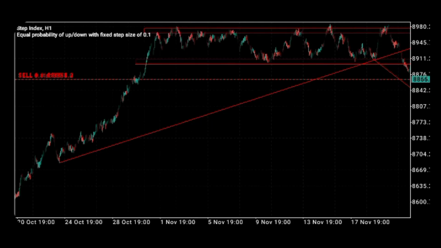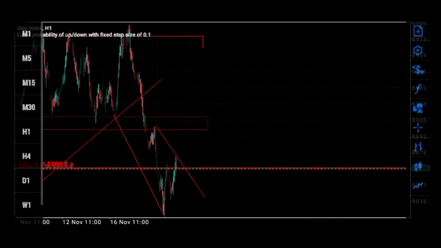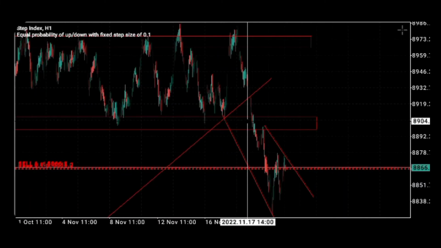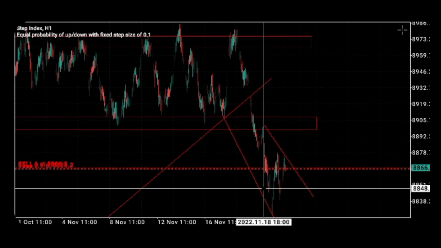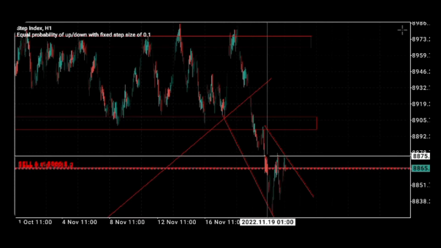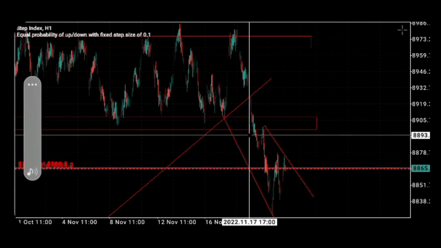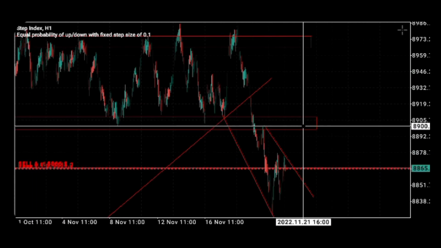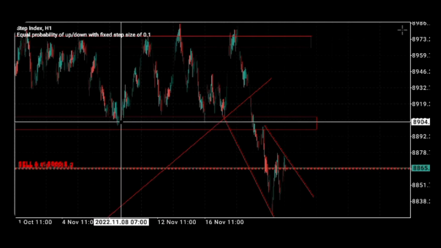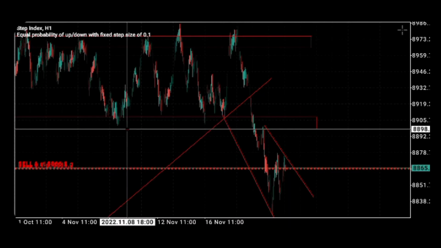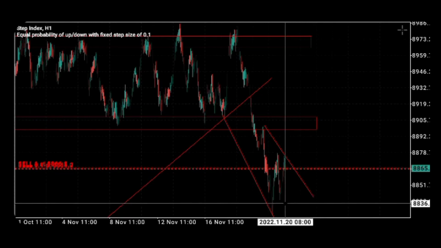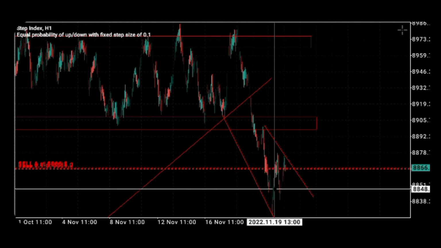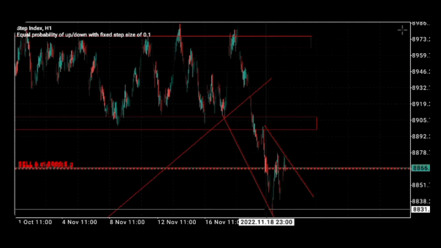Before this downtrend formed, there was this support right here. This is the support that I had to show in the chart, because right here there will be something happening if the setup didn't obey me.